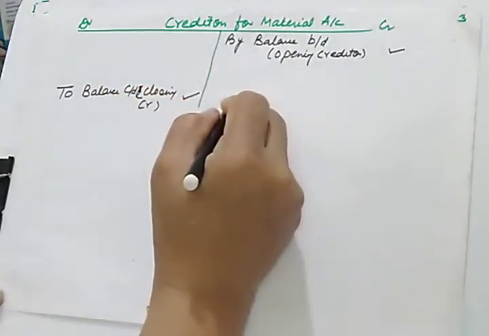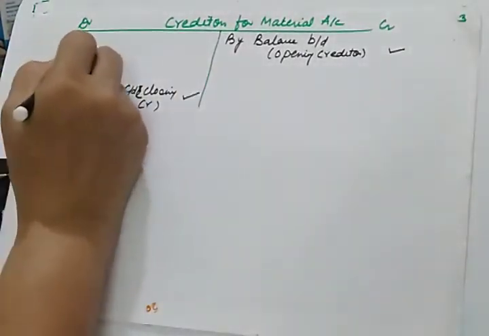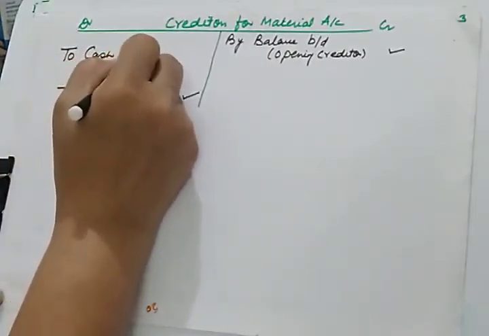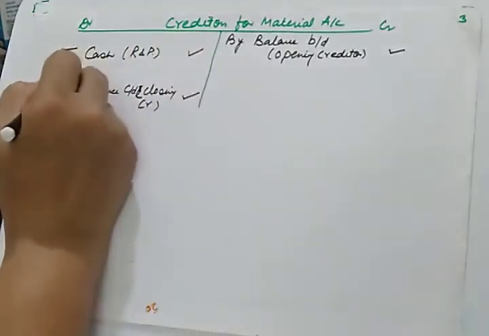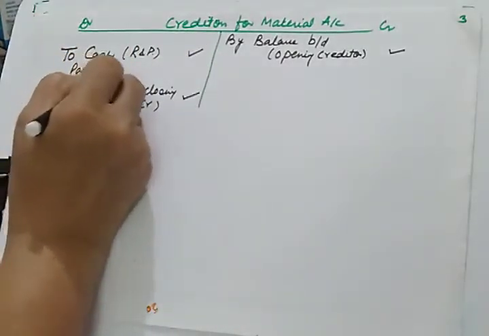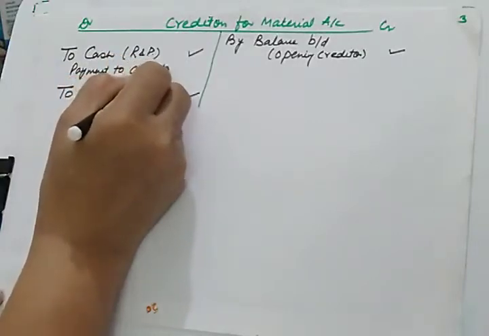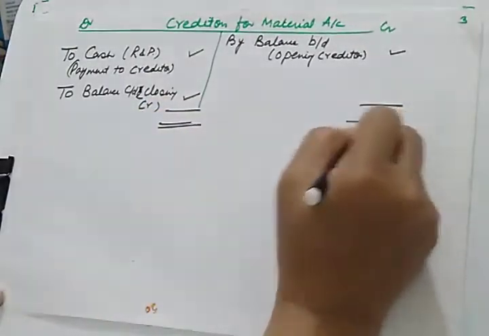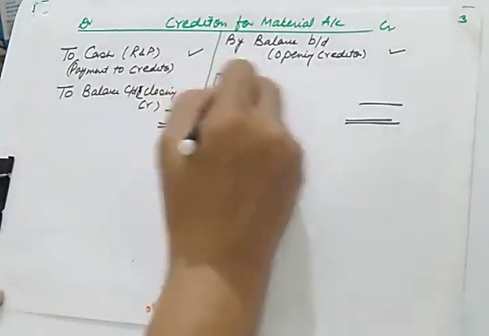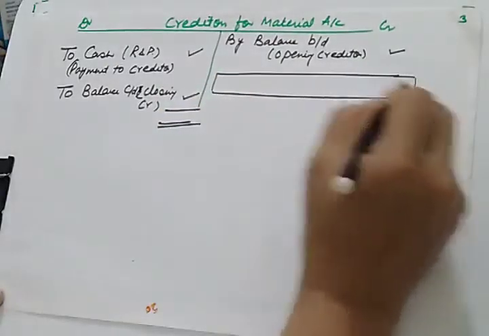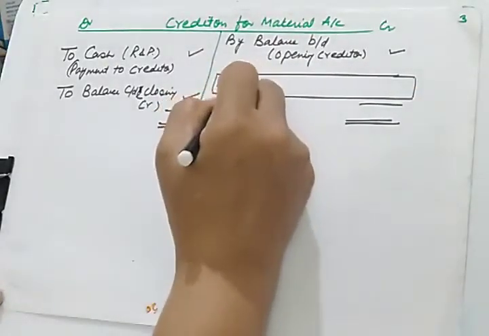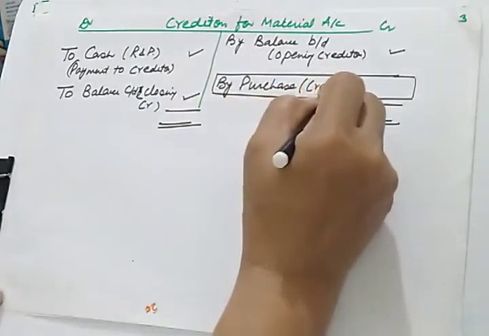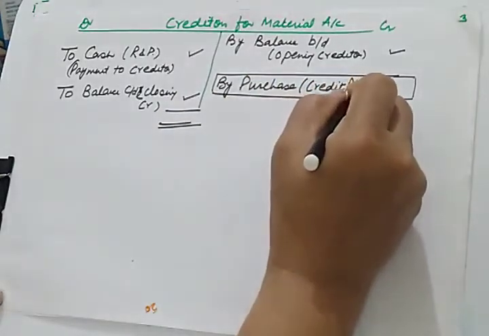And likewise, if suppose some payment is done, so payment will be recorded here to cash, which we'll be knowing through receipt and payment account. Payment to creditors during the current year. And the balancing figure will be here. So this balancing figure will be by purchases. Which type of purchases? This will be the balance of credit purchase.